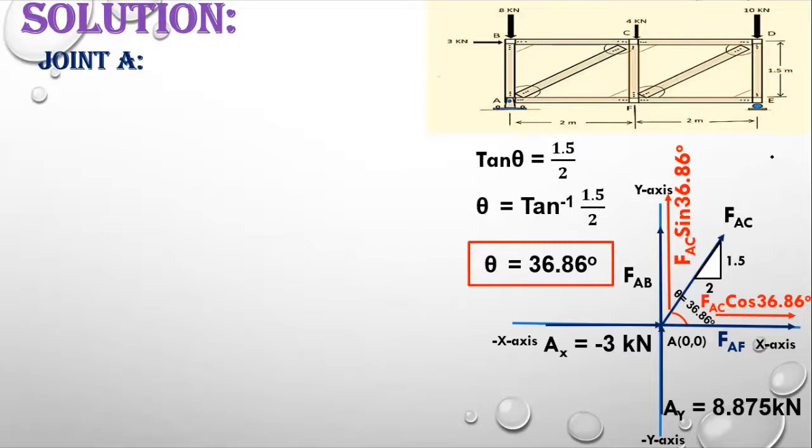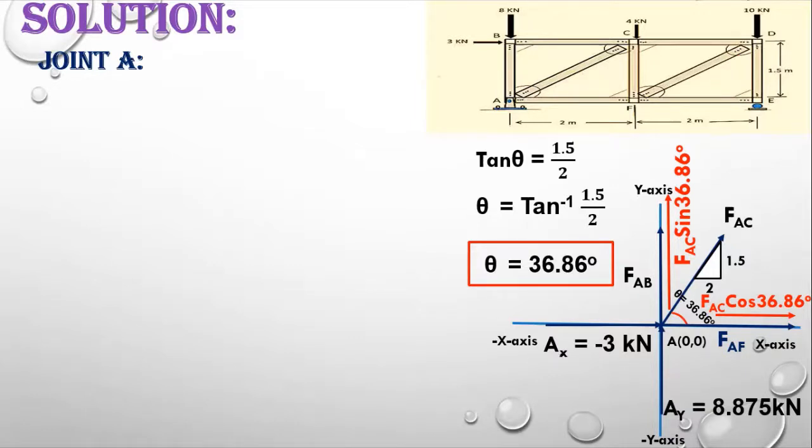Now we have to make equations. First, you have to count how many forces are on the horizontal axis and how many forces are on the vertical, or y-axis. If we sum up horizontal forces, how many horizontal forces are there?